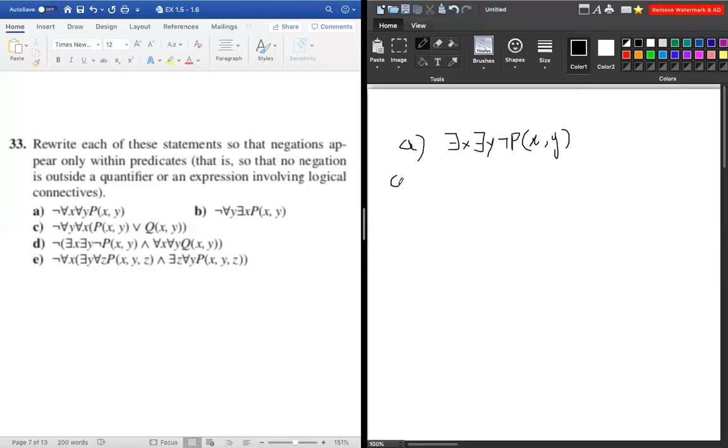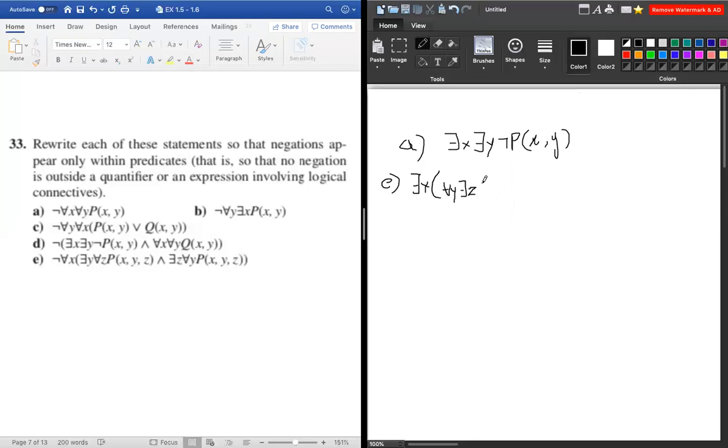Let's move to, let's do the hardest one, maybe E. Same thing. We will be saying that there exists X, because of this negation. Remove this inside. For all Y, there exists Z. So basically negation makes the quantifiers opposite, right?